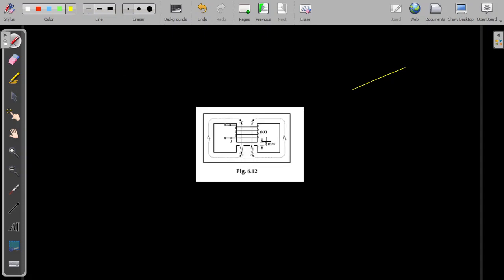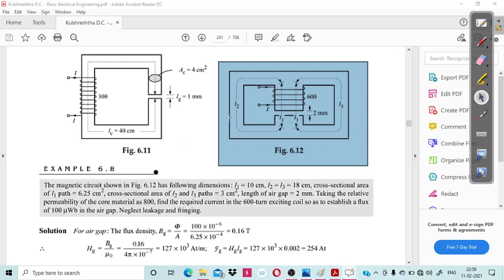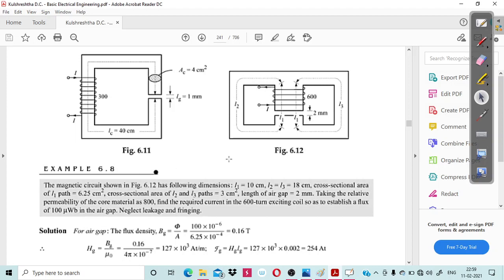Let me draw this figure. Now, you refer to this figure 6.12.